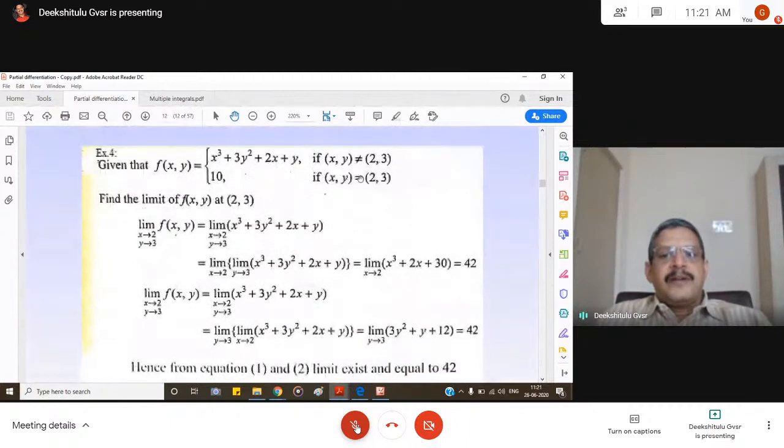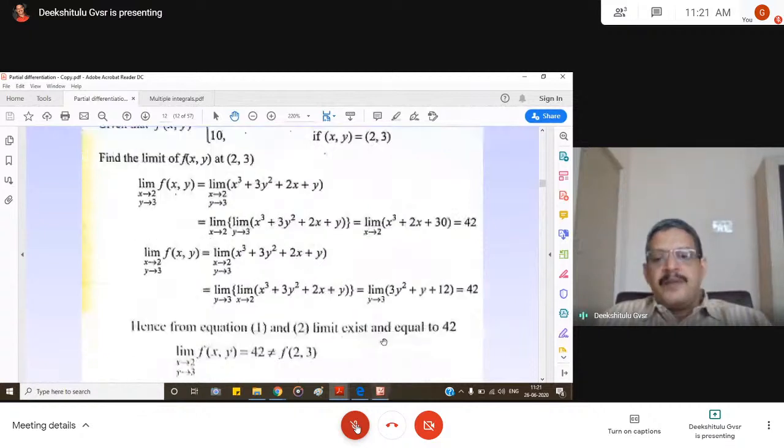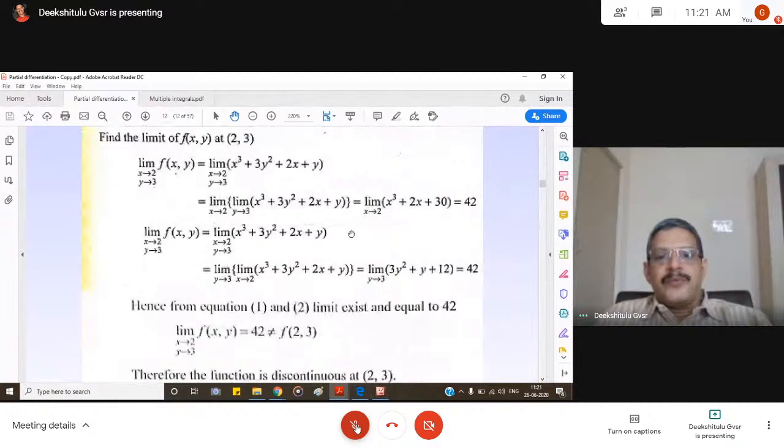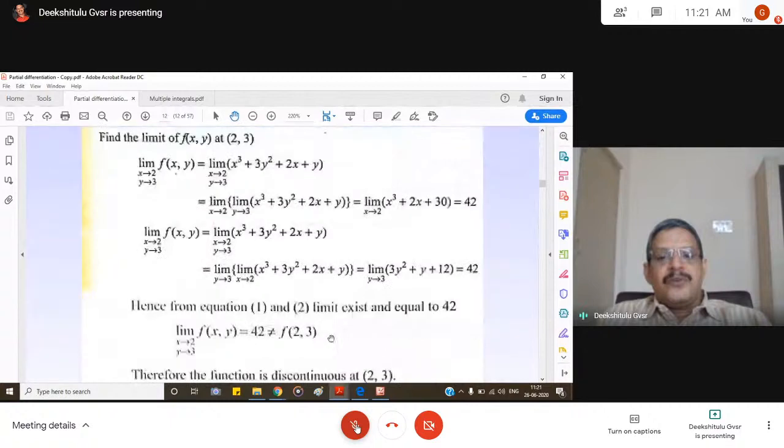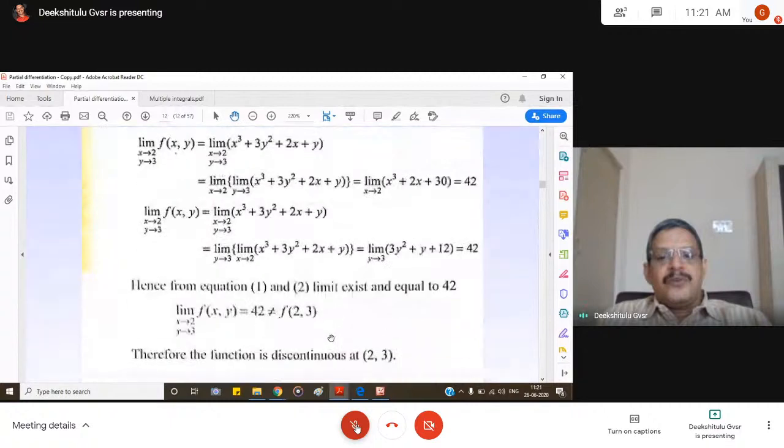But what is the functional value here? Continuity requires the limit to be equal to the function value. The function value is 10, and the limit value is 42. They are not equal. So the limit of f(x, y) is 42, which is not equal to 10, the function value at (2, 3). So the function is discontinuous.